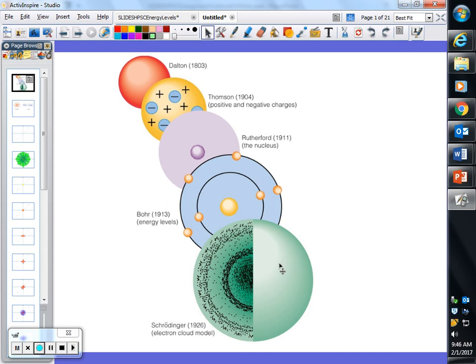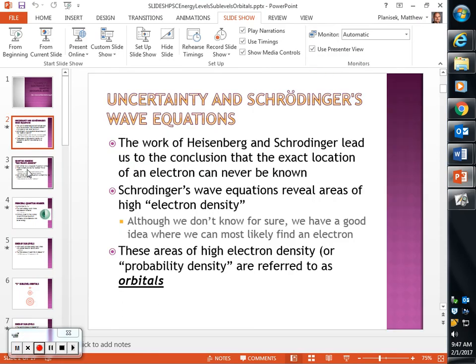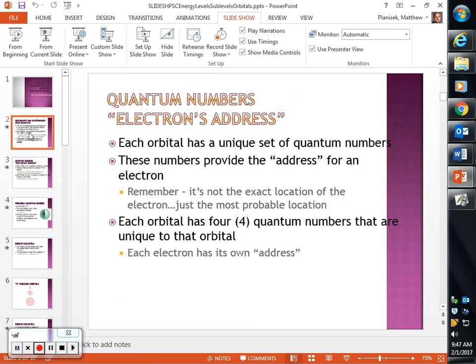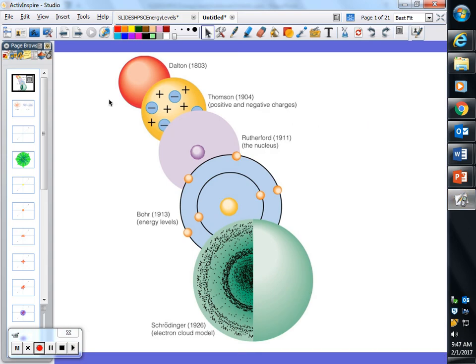Electrons can be anywhere around the nucleus, but there are areas where they have been more frequently in the past, so we expect them to be there more frequently in the future. And these areas where we expect them to be, we call orbitals. All right? So, that being said, let's go here.